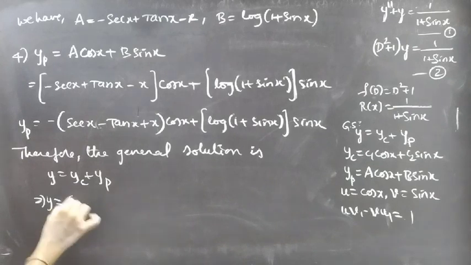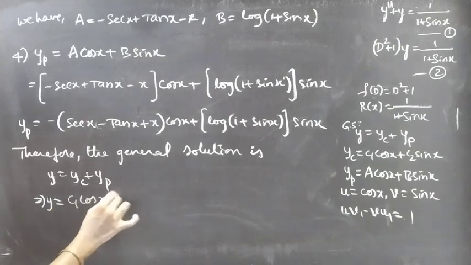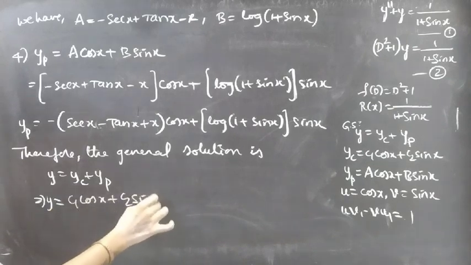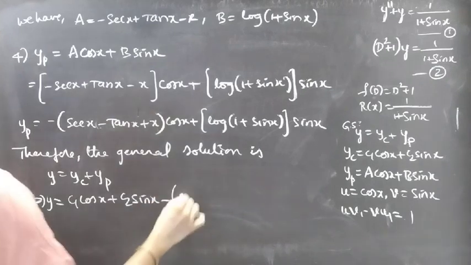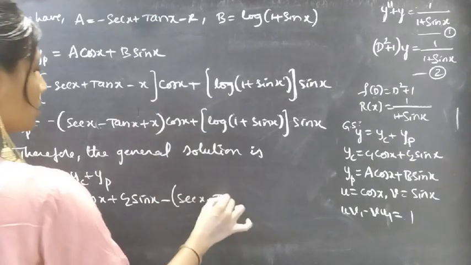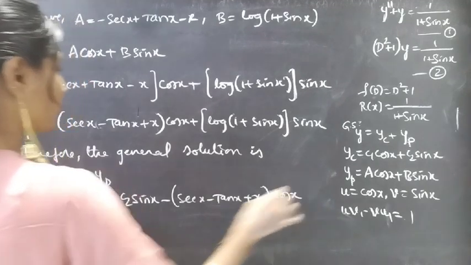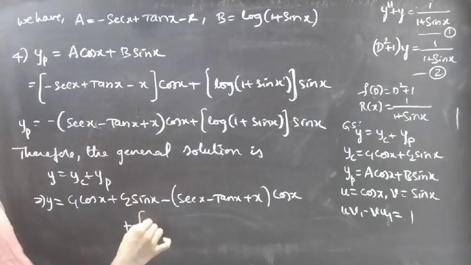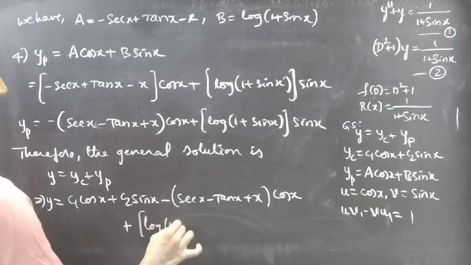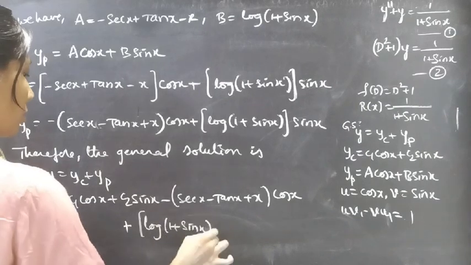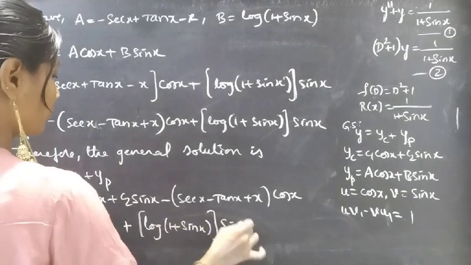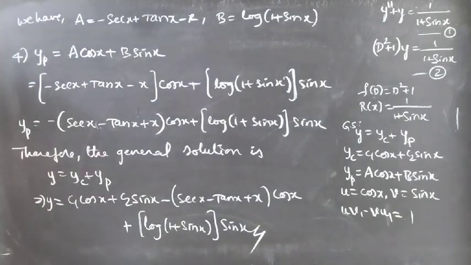We have yc: c1 cos x plus c2 sin x, plus yp is minus of secant x minus tan x plus x into cos x plus log of 1 plus sin x into sin x, which is the required general solution.